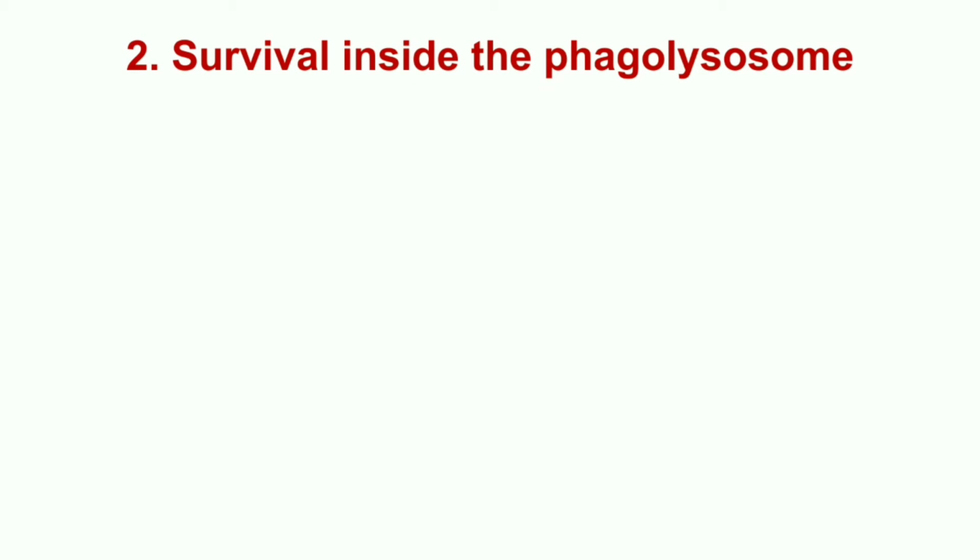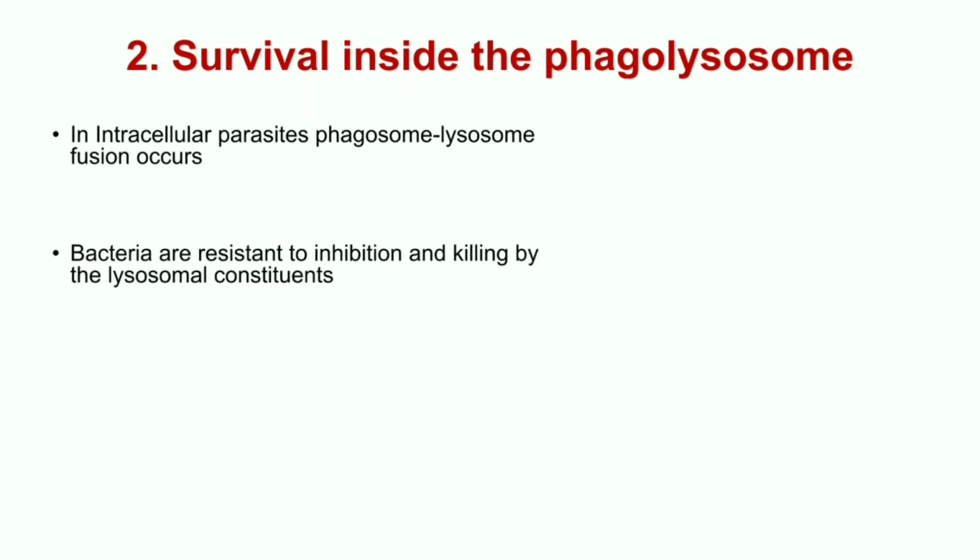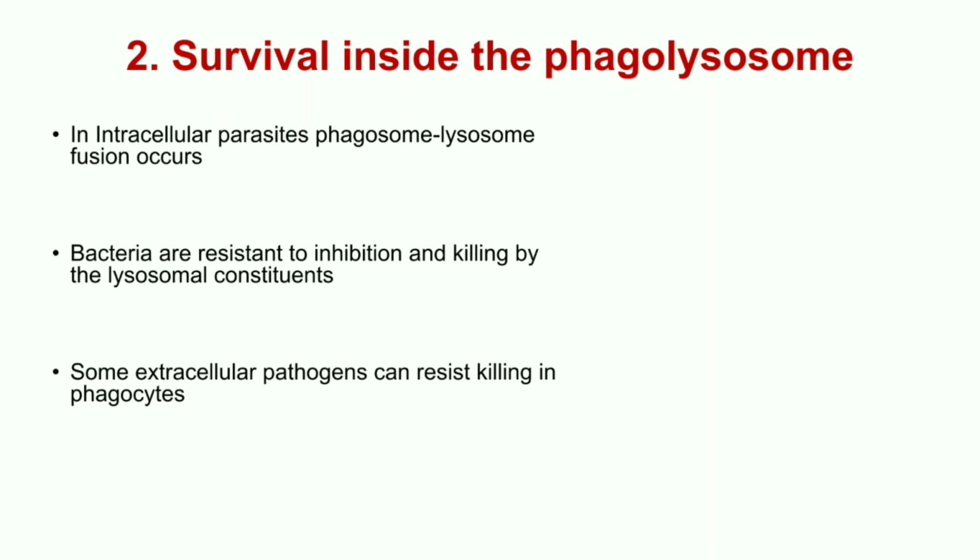The next strategy adapted by a number of bacteria is surviving inside the phagolysosome. In many intracellular parasites, the phagosome-lysosome fusion occurs, but the bacteria are resistant to inhibition and killing by the lysosome constituents. Some extracellular pathogens can resist killing in the phagocytes.